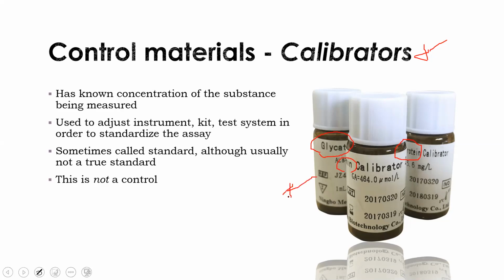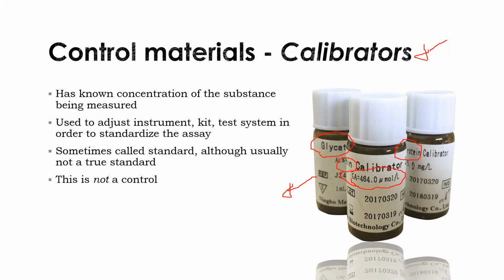Ibig sabihin nito, alam na, it's not written here. This is calcium. So, ang value ng calcium, dahil sabi nga natin known concentration siya, is 464 micromoles per liter. So, this is your basis for calcium.